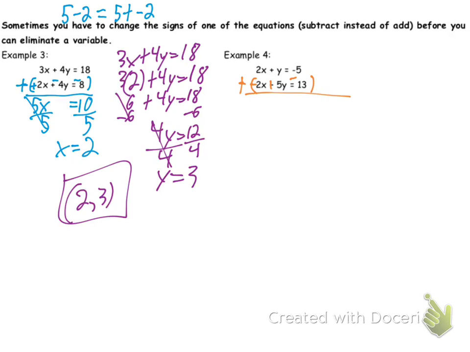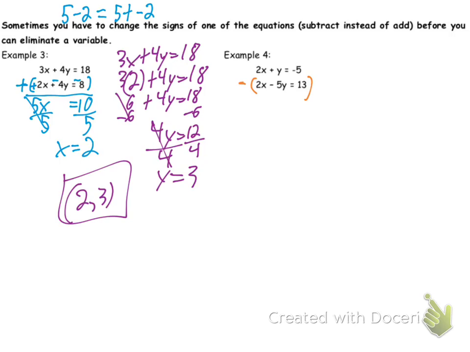And when I change from subtraction to addition, I have to change the signs on each of the terms that follow it, the x's, the y's, and the constant, because otherwise we can get confused. Technically we don't have to change those signs.